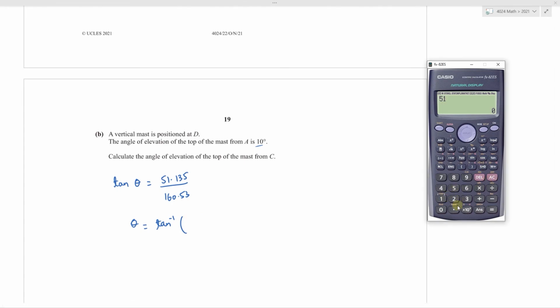So 51.135 divided by 160.53 is 0.3185, and if I take the tan inverse of this, I will get my angle of elevation, which is 17.67, or up to one decimal place, 17.7 degrees.